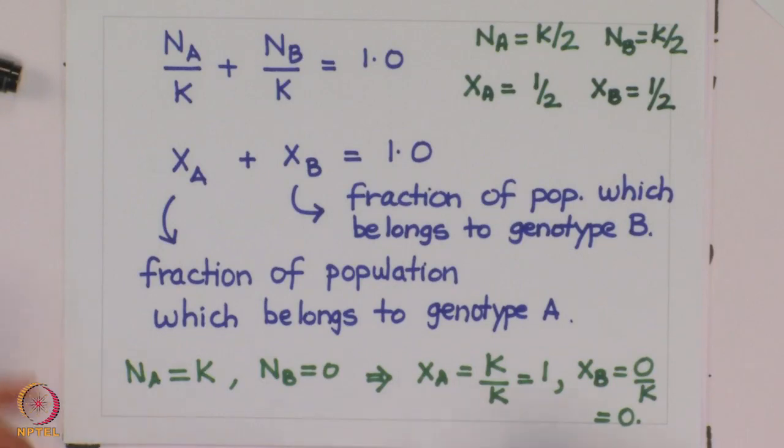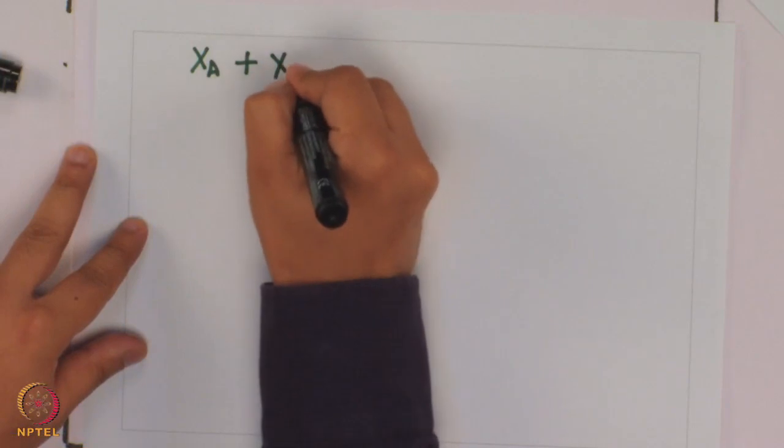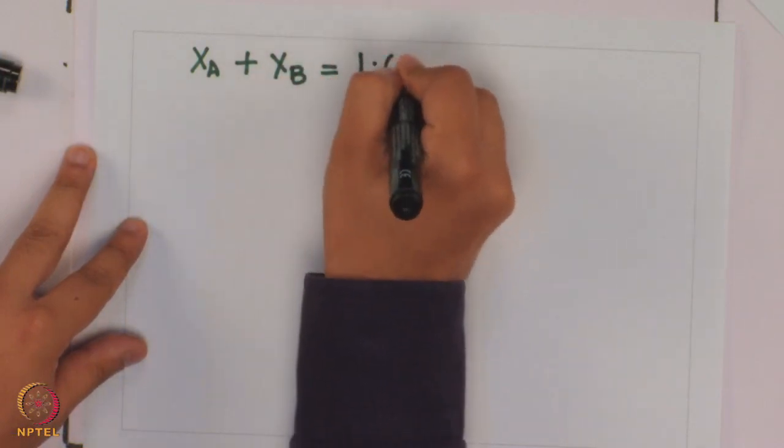But at all points in time, no matter what the individual numbers of these 2 species are, the fraction of the population which belongs to type A plus the fraction which belongs to type B, when added together, gives a constant sum equal to 1. This is because the total population size is equal to K at all instants of time. So we start with this relationship: Xa plus Xb equal to 1.